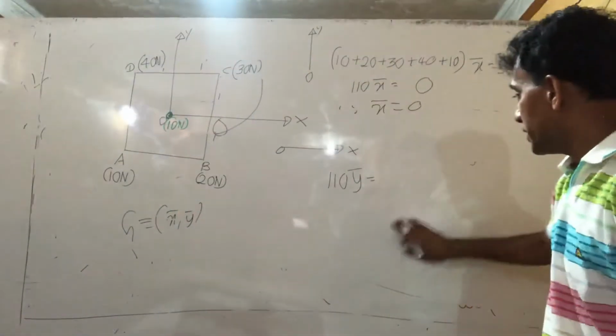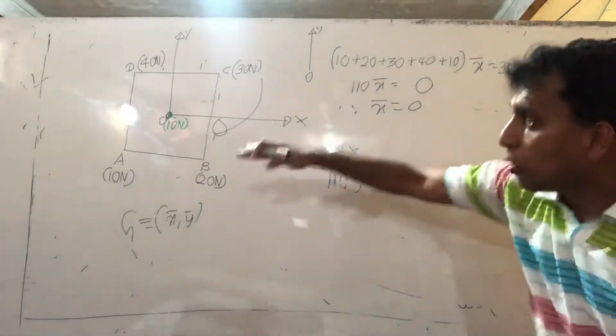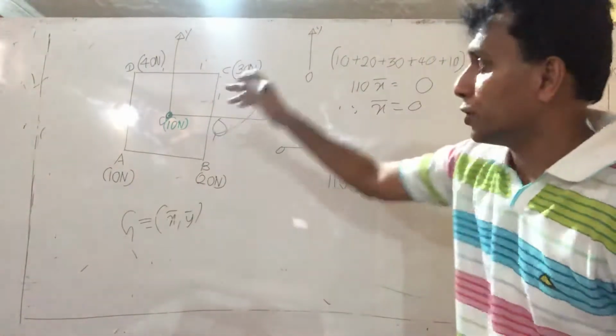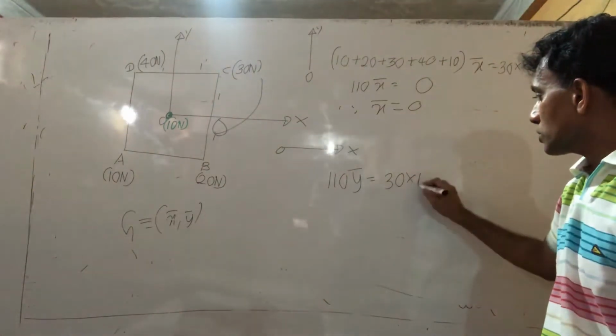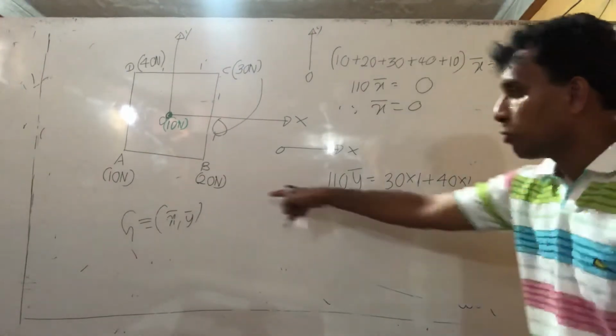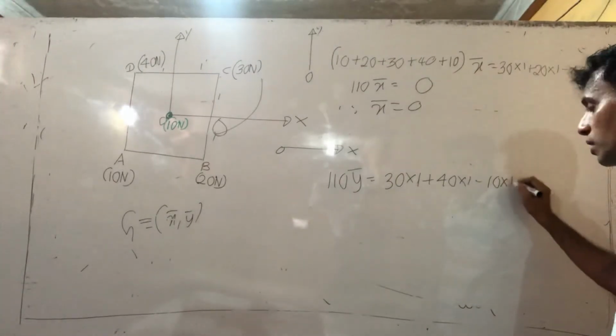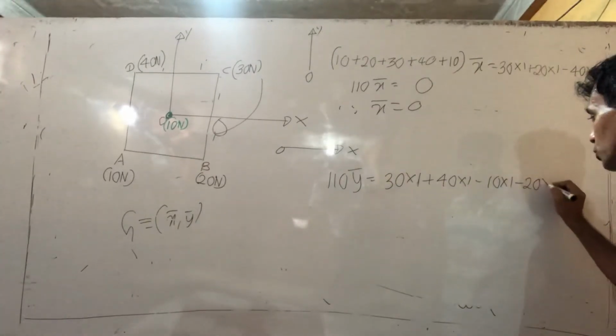So simplify that answer. 30 into 1, above the x-axis positive value, plus 40 into 1, these both are positive, minus 10 into 1, minus 20 into 1.